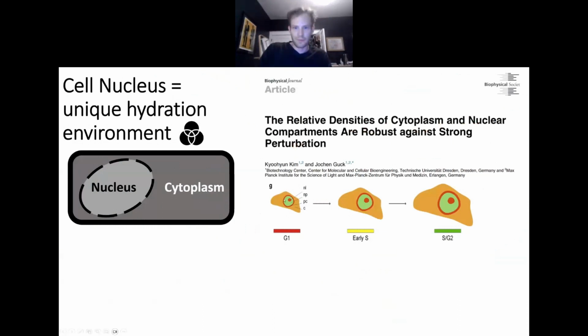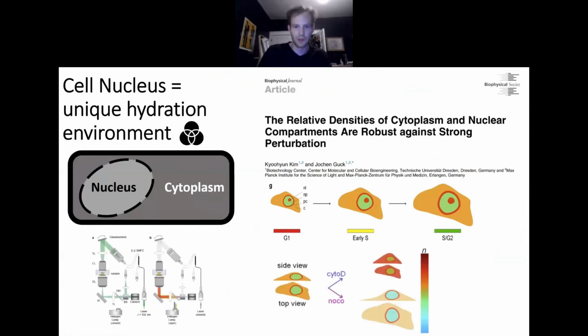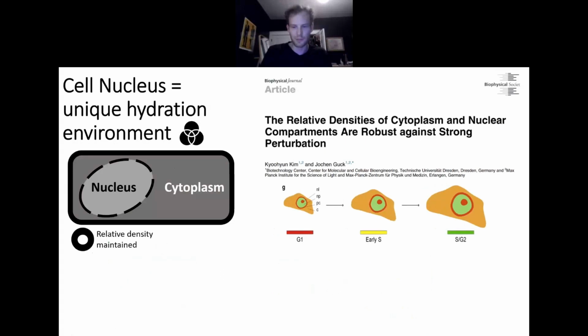This means that as the cell grows, it maintains the relative densities of macromolecules inside and outside of the nucleus, in the cytoplasm and in the nucleus. And if you do certain drug treatments, you can change the amount of free molecules by depolymerizing or not the cytoskeleton, and it still maintains the relative different densities, which kind of mirrors this semi-permeable membrane behavior.